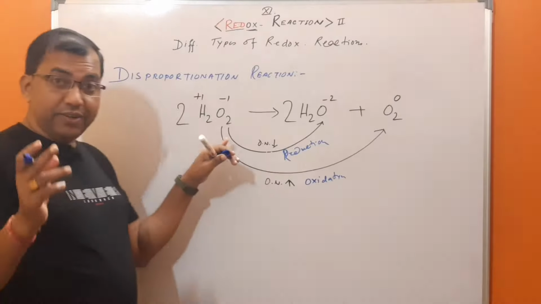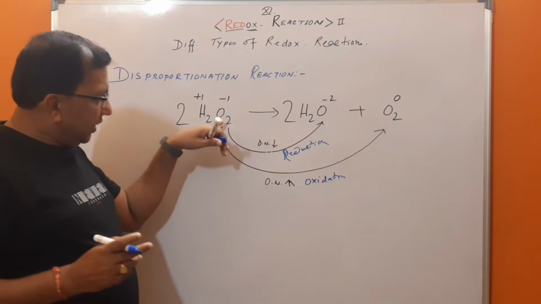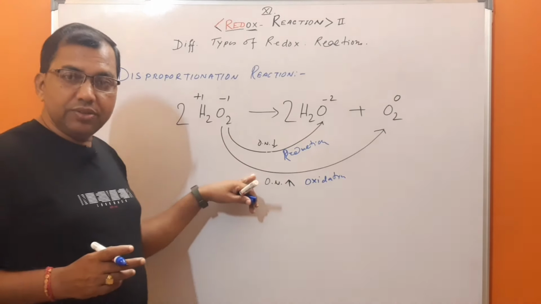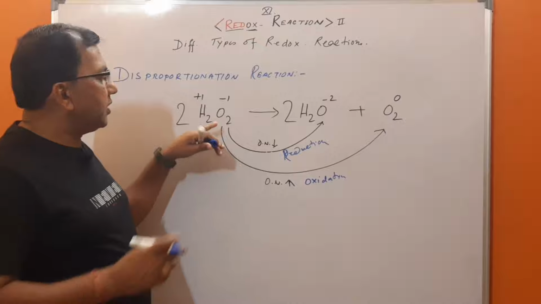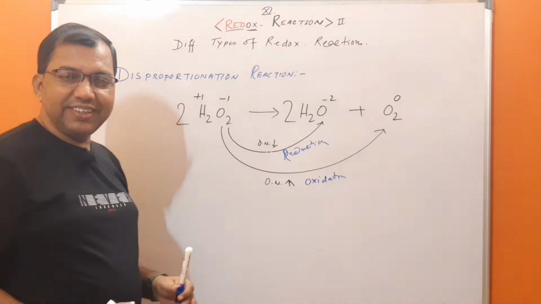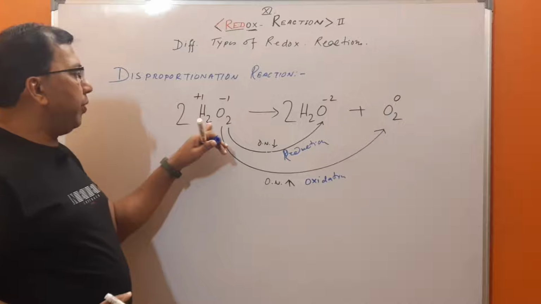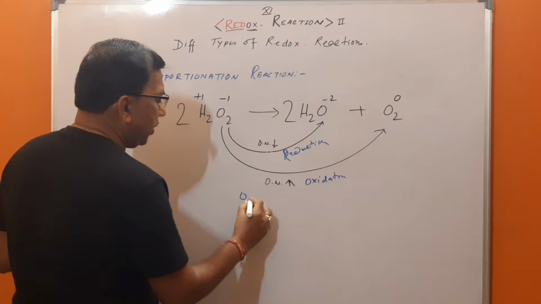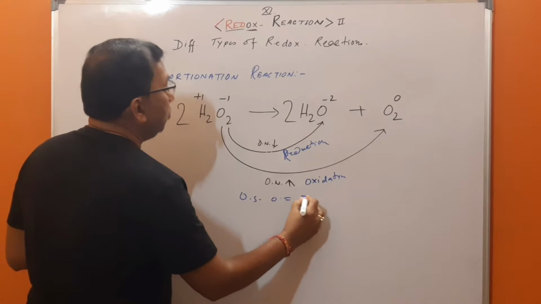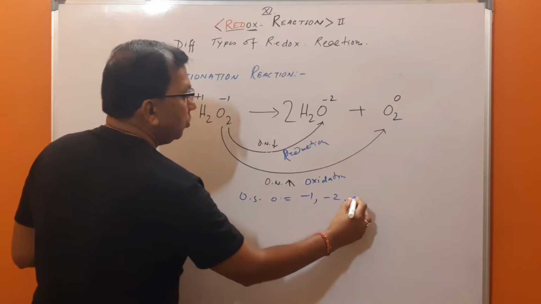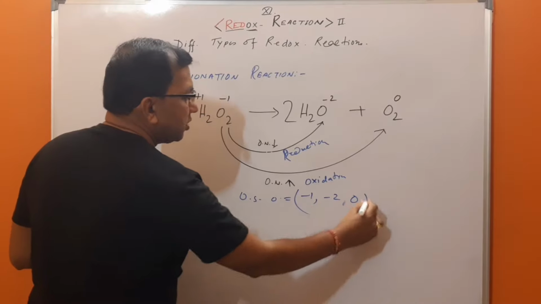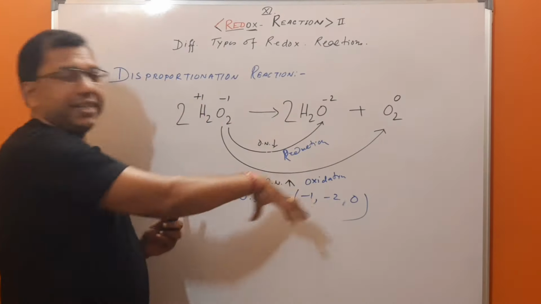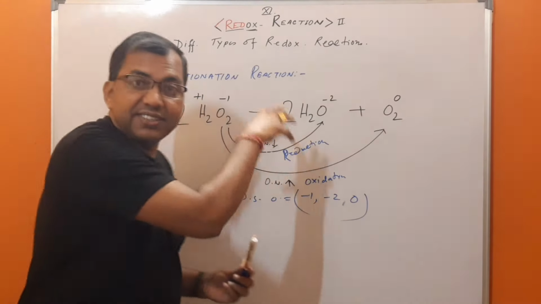So the same element is oxidized and reduced simultaneously, and this element, oxygen, has 3 oxidation states: -1, -2, and 0. These are the 3 different oxidation states of oxygen. So this is an example of a disproportionation reaction.